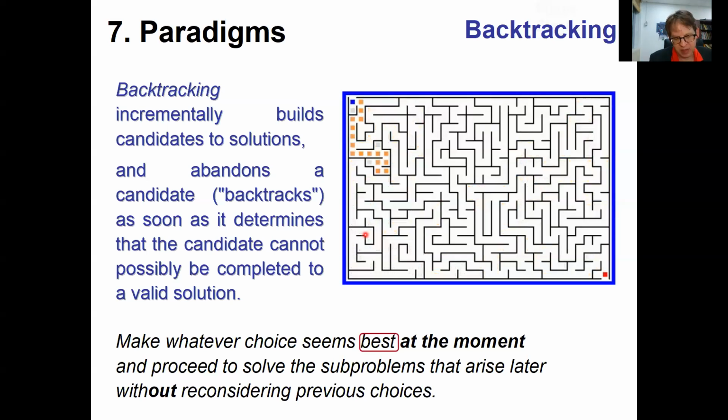And finding that means an algorithm running into different dead ends, backtracking from that, and then trying in a different direction, possibly again running into a dead end, until finally finding the solution that actually reaches the goal. So that's our final paradigm of backtracking.